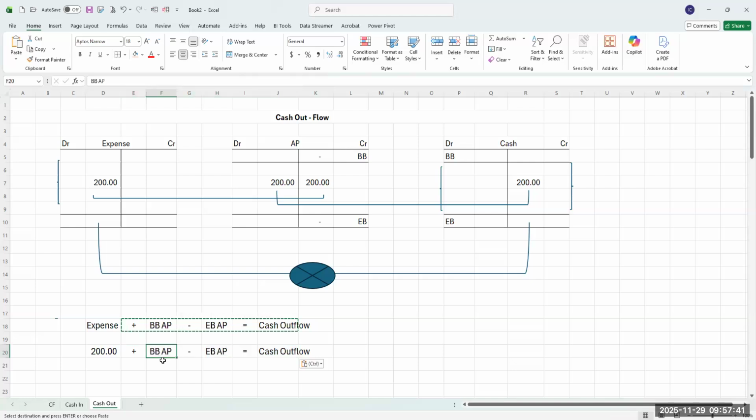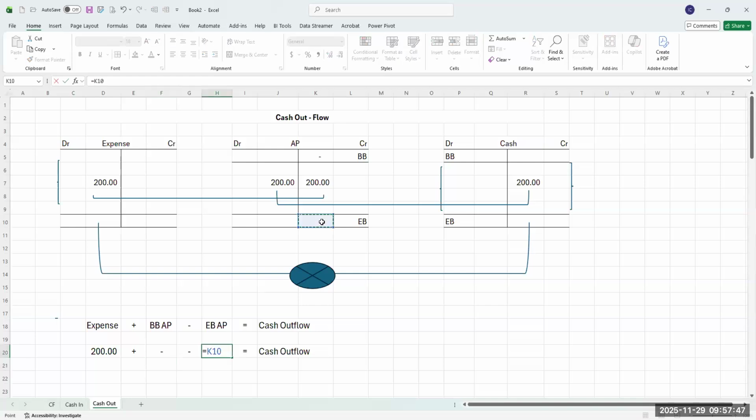My beginning balance of accounts payable is 0. My ending balance of accounts payable is also 0. So my cash outflow will be my expense plus beginning balance minus ending balance, $200 cash.